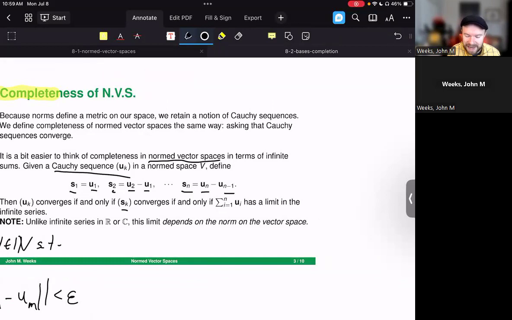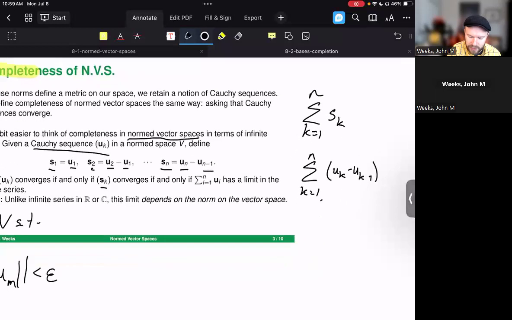Well, what happens if I now add elements of S of k together? If k goes from 1 to n, then I am taking the sum as k goes from 1 to n of U sub k minus U sub k minus 1. In particular, I'm doing this all the way down to the bottom term, which is just going to be U sub 1, so I'm just going to have that outside of this little series here.